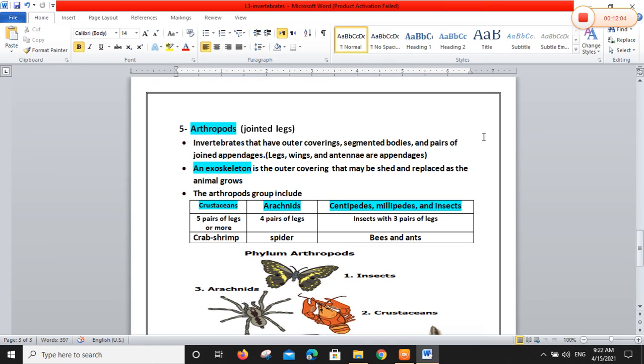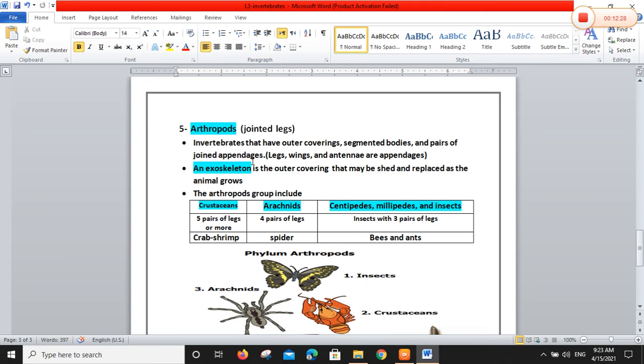So for this reason, the type of these invertebrates is called arthropods. Arthropods means jointed legs or jointed appendages. Legs, wings, and antenna are appendages.